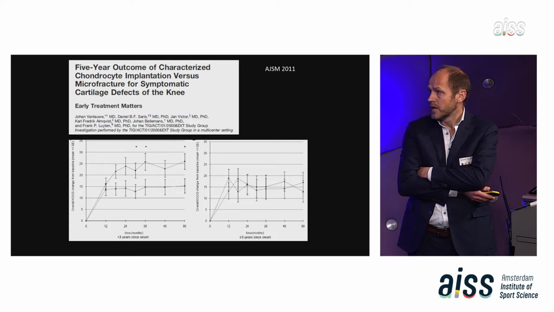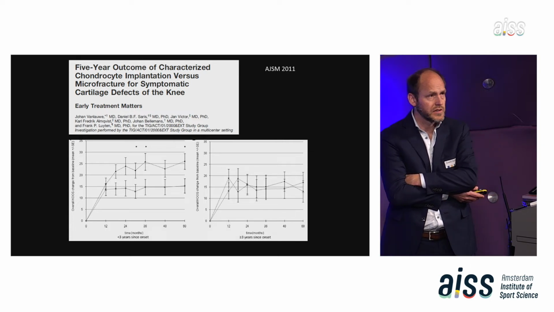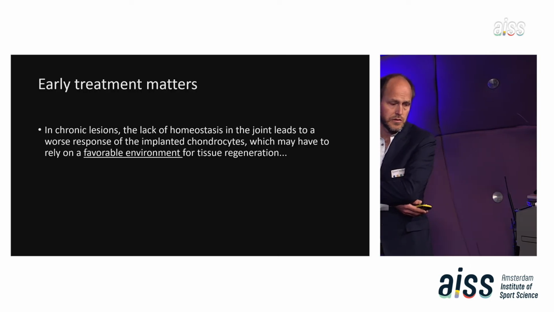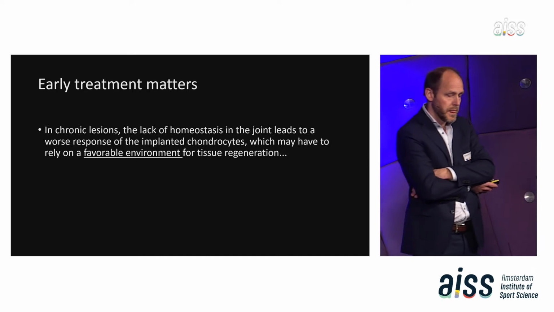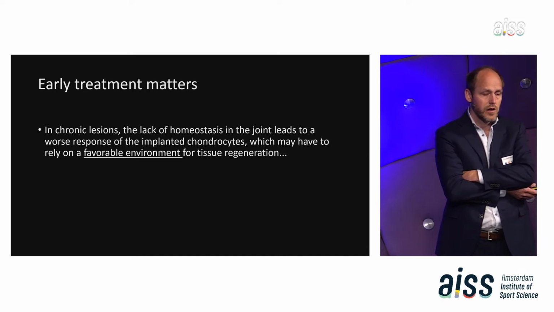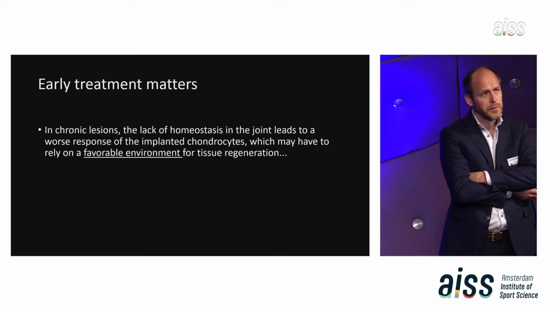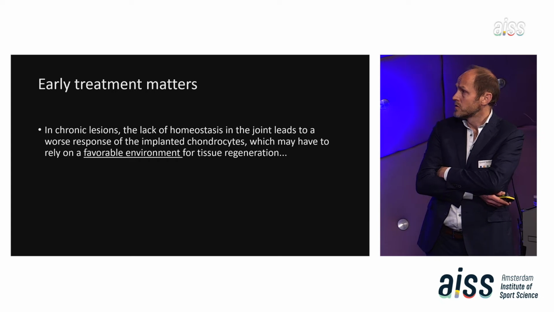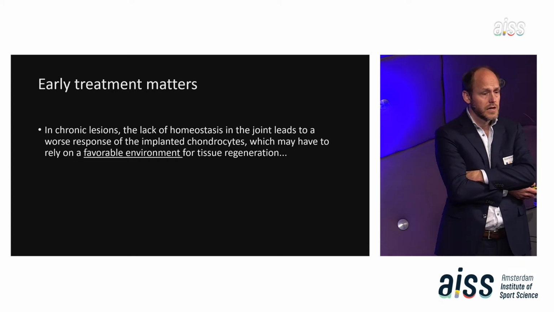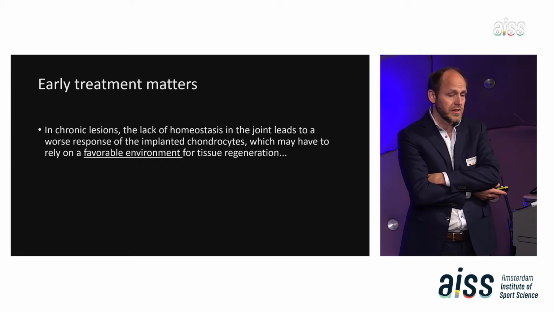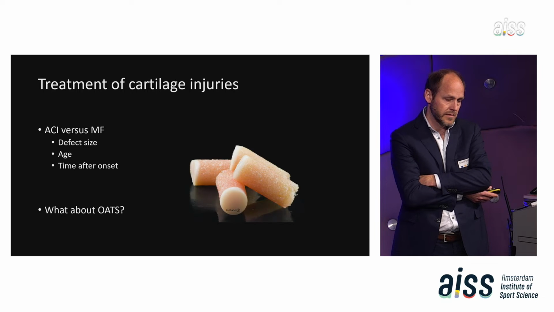And a key element to this is probably that early treatment matters. And here we go back to the joint homeostasis. Probably after a while, there's an unfavorable environment, also with inflammatory mediators, and the reimplanted chondrocytes are lost again.